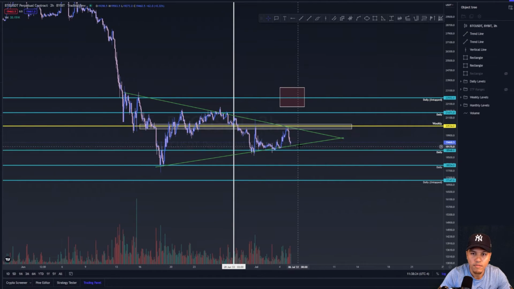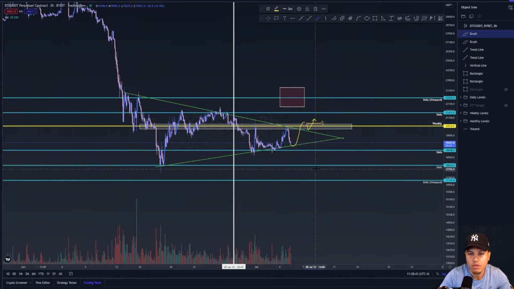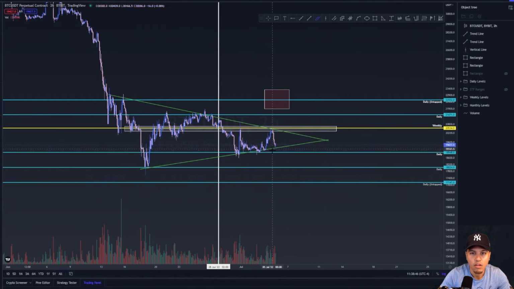We are at the bottom of this triangle, and an aggressive entry would be to open up along here, but really the safest bet would be to wait for the breakout. And the breakout would be something like, you come up here, you get a breakout, you come back, test it, and you confirm. That's where you open your entry, and that's where you ride the long.